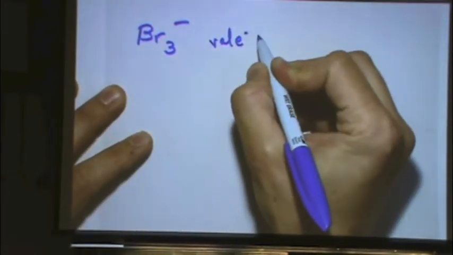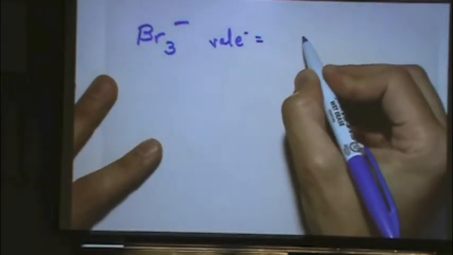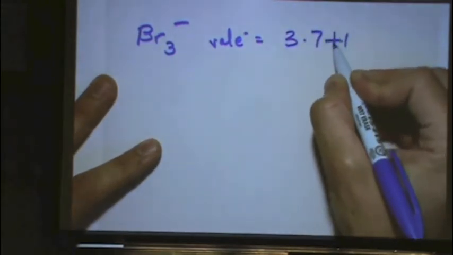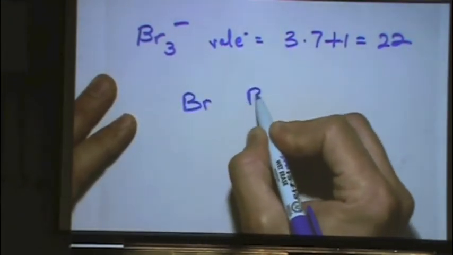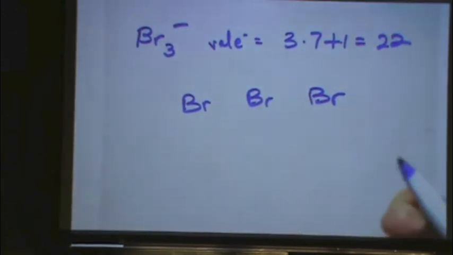Try the Lewis and figure out everything about it. So 3 bromines in column 7 plus 1 electron, that's 22. Just wanted to do an extra one where you can see a full problem, a full problem for just a random molecule.